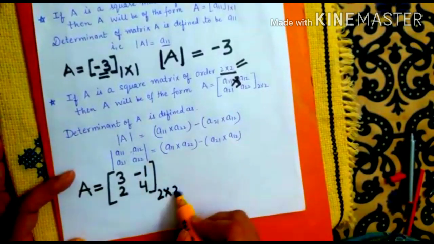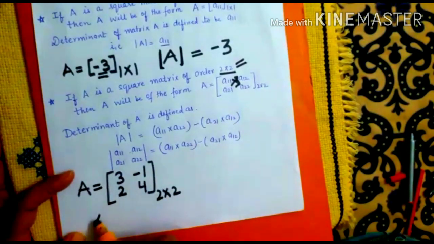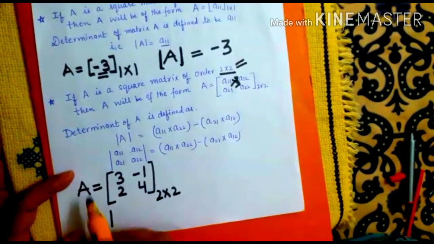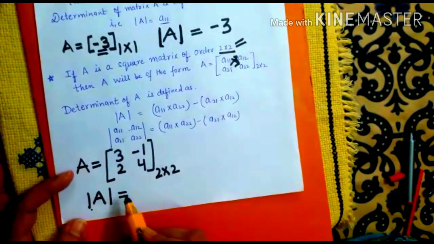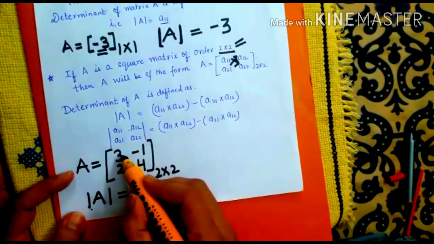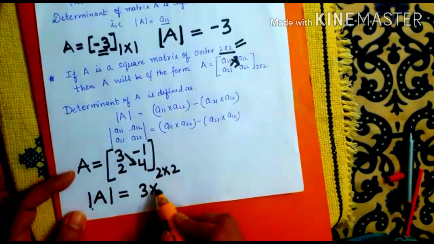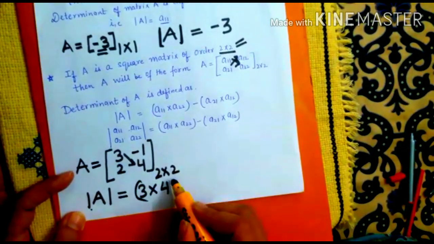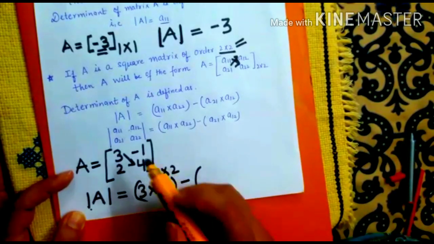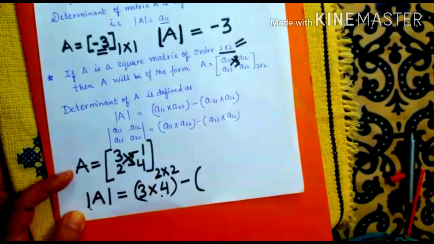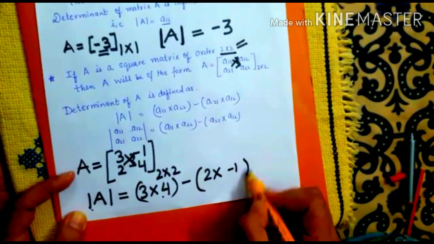For example, if I have a matrix A with elements 3, minus 1, 2, 4, it is a 2 by 2 order matrix. So if I have to find out the determinant of this matrix, determinant is denoted by this symbol. By definition, it will be equal to the product of these two elements, that is 3 into 4, minus the product of these two elements, that is 2 into negative of 1.